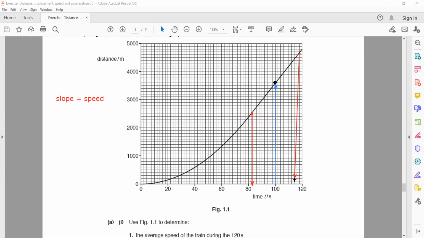The second point on the x-axis is called x2. The first point on the y-axis is called y1, and the second point on the y-axis is called y2. And you will use the formula: y2 minus y1 over x2 minus x1, and you will get the speed when time is equal to 100.